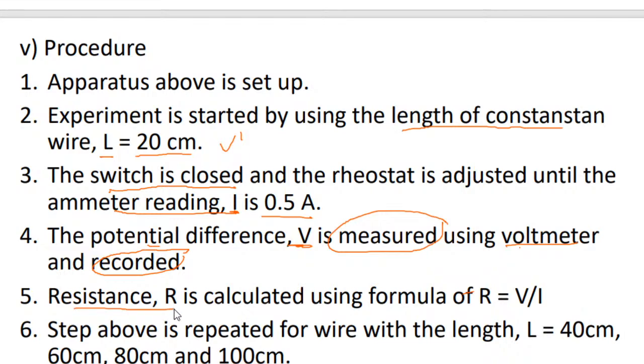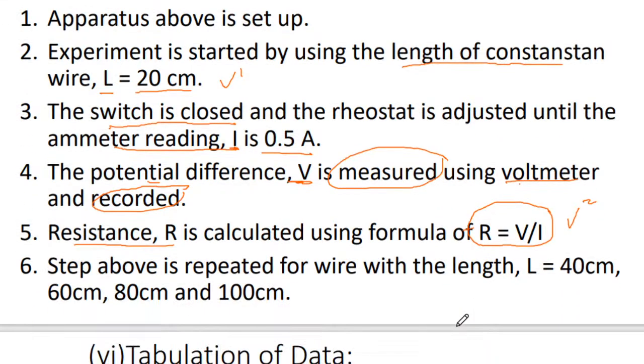Responding variable. Resistance, calculate using the formula. Same sentence as just now. Tukar only the length. This is mark 2. Okay, and then repeat. Make sure 4 reading. 4 plus 1 lah.